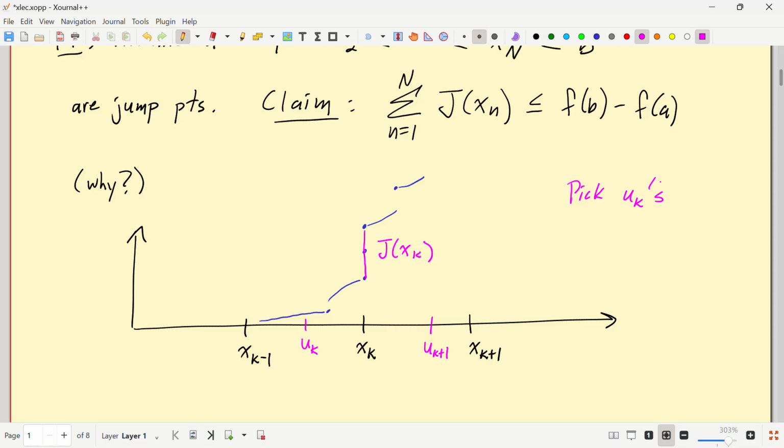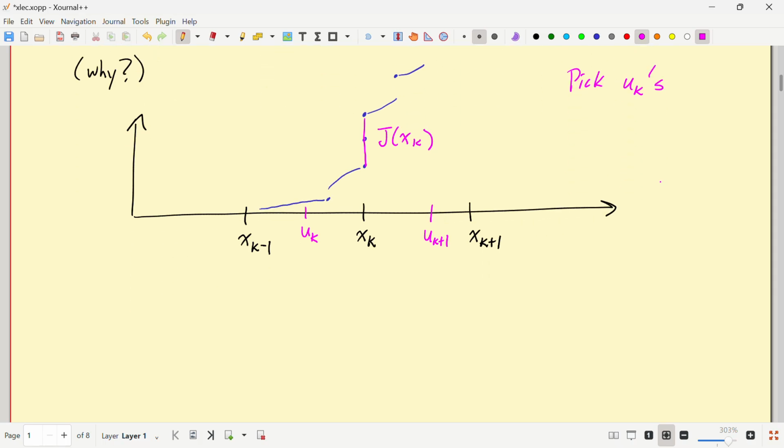You pick those, and then you realize everything to the left of the jump is less than or equal to everything to the right of the jump. So in particular, the definitions make it easy to see. I'll write it out. Everything left of the jump is less than or equal to everything right of the jump.